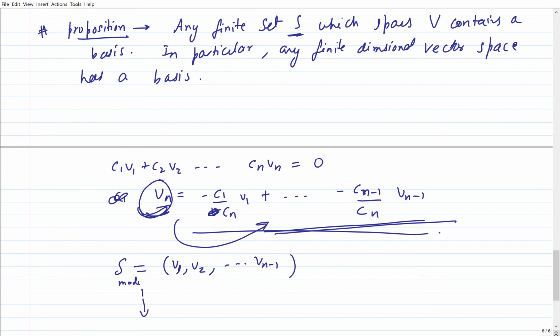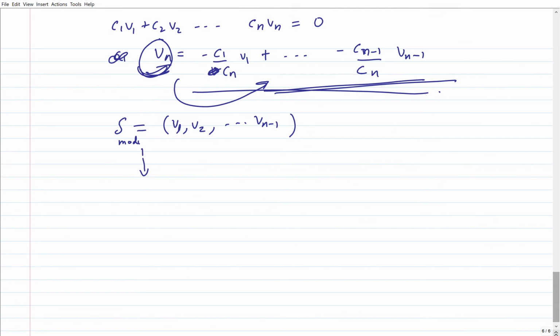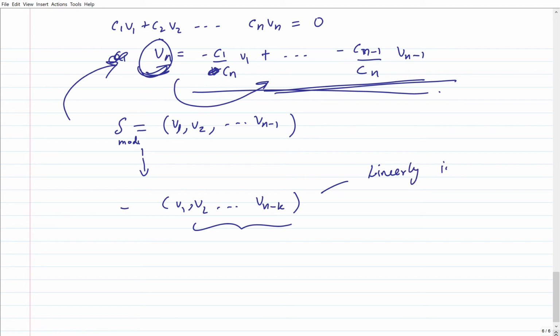This way I proceed to eliminate all the vectors which were causing an issue with my linear independence condition, yet retain the span, and finally I'll get a subset, maybe n minus k, that is linearly independent as well as spans the vector space.